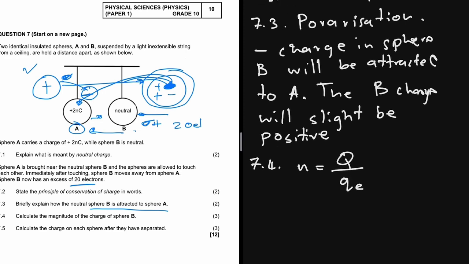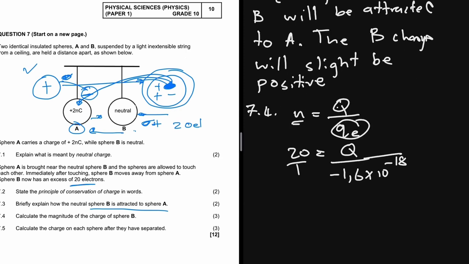So we have 20 electrons, and we are looking for the charge. This is a constant, we can just take it from the back of the question paper, negative 1.6 times 10 to the power of negative 18, from the back of your formula sheet. Then when you cross multiply, you're going to have a charge.